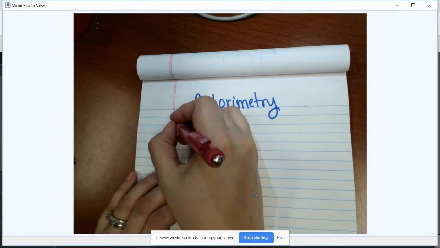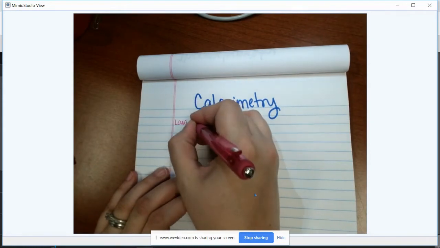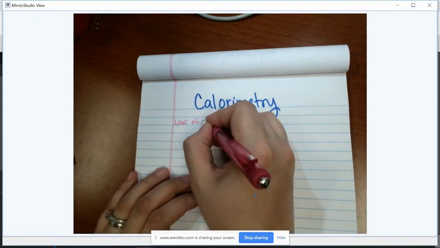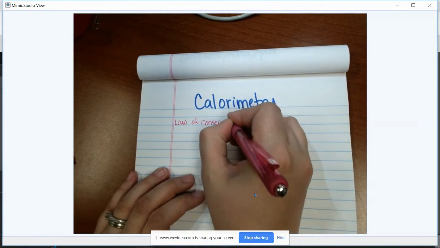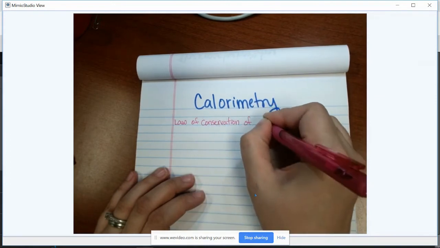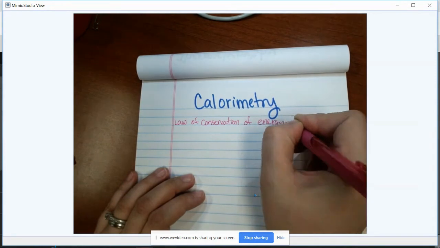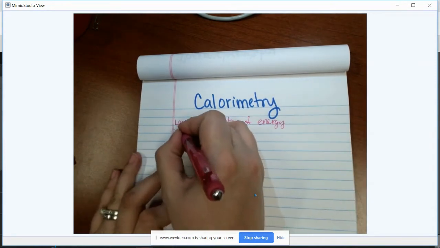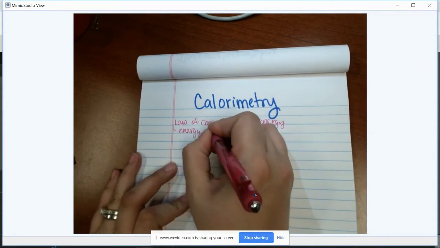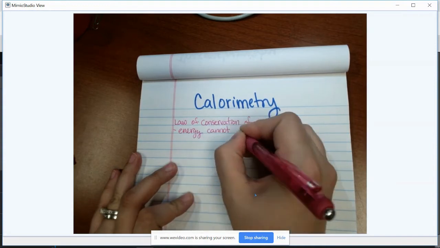So we need to make sure we understand that the law of conservation of energy says that energy cannot be created or destroyed.